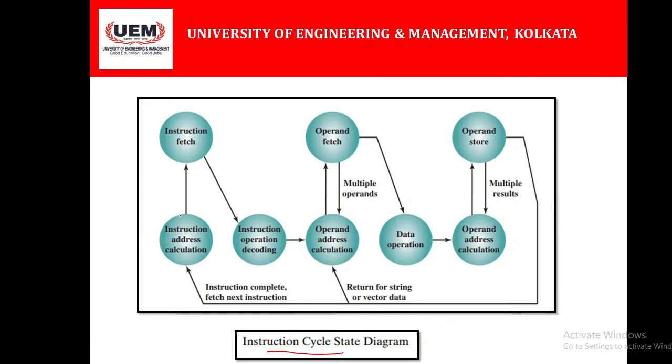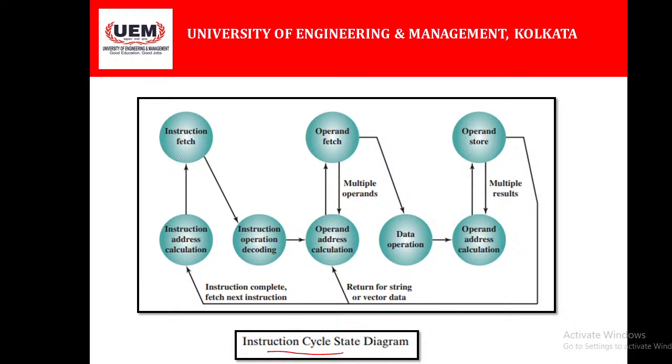So first you find out the address, then you fetch the particular instruction, then you operate on those things, whatever the operation is. Then there is operand address calculation, the main address calculation. Whatever it is, add B, A is an instruction, and that instruction is stored in some address, right? So the address of the instruction is calculated.